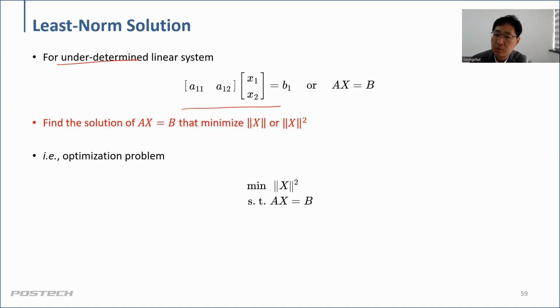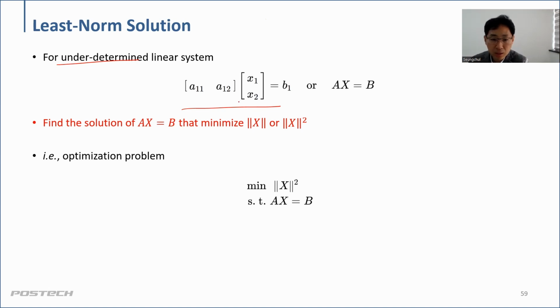We know that there are many solutions, but say I want to pick one of them. There are many ways we can pick. I can randomly pick one out of many solutions, or we can put some constraint on it.